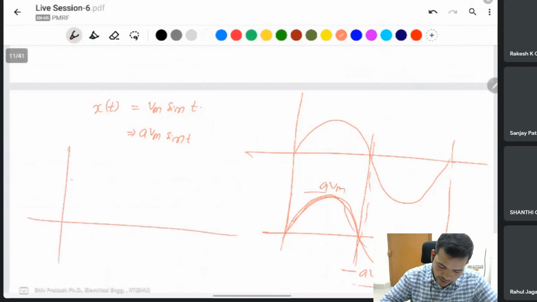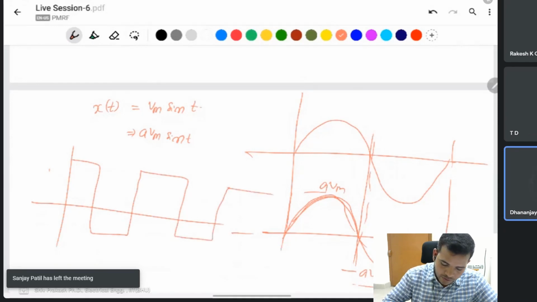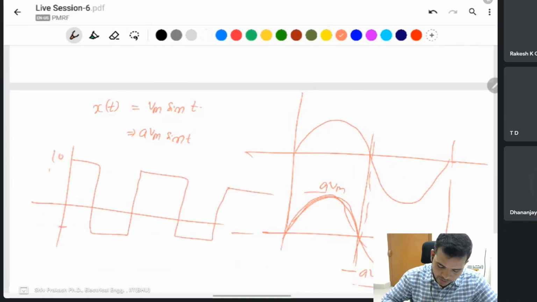Like this one, it is 10 and this one is 8. If you shift one downside.